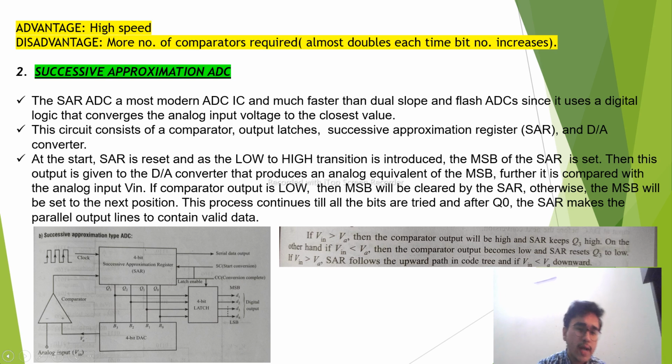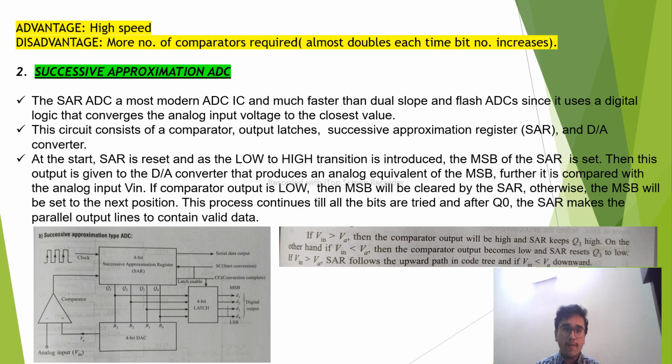In the diagram of the successive approximation ADC, we use a successive approximation register for storing the output of the comparator, a 4-bit digital to analog converter, and a 4-bit latch, and from there we get the digital output. The analog input is given to the inverting terminal, and the non-inverting terminal is given the output of the DAC.